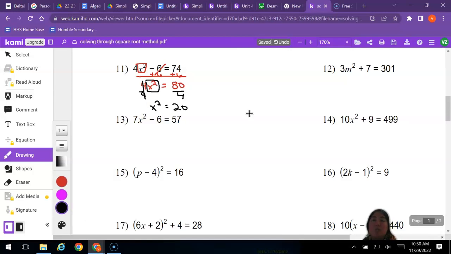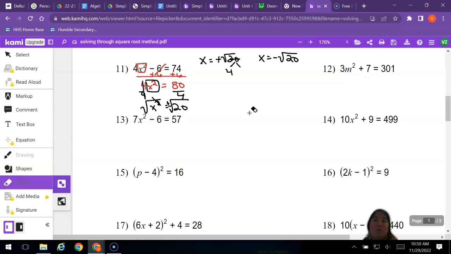And this is where I get rid of the squared. So I square root it, plus and minus square root of 20. So I got x equals positive square root of 20. X equals negative square root of 20. And this is where we do our breaking down.